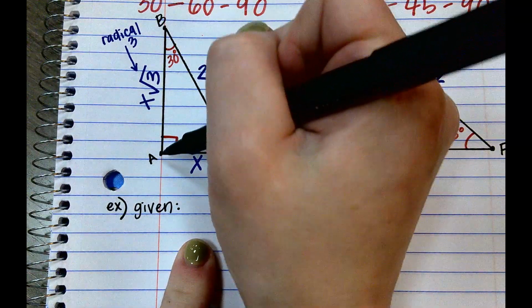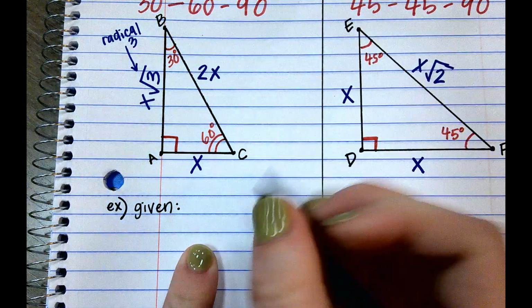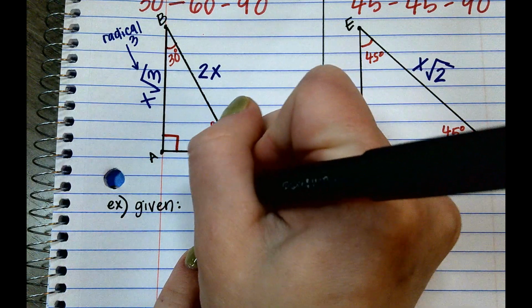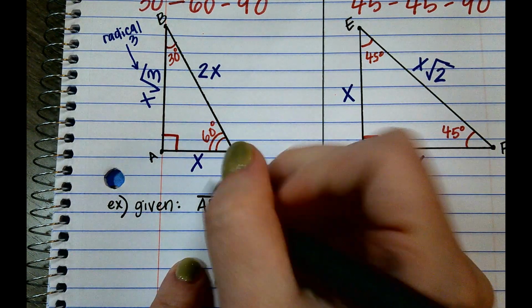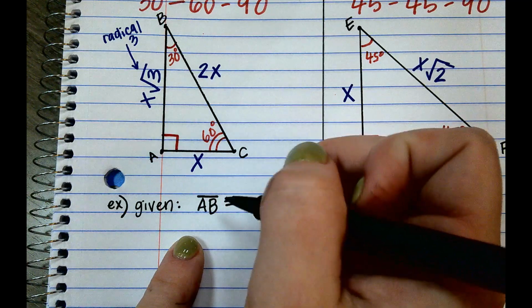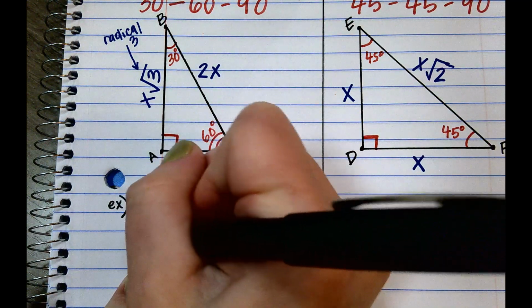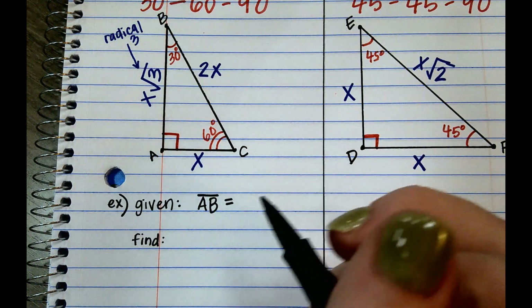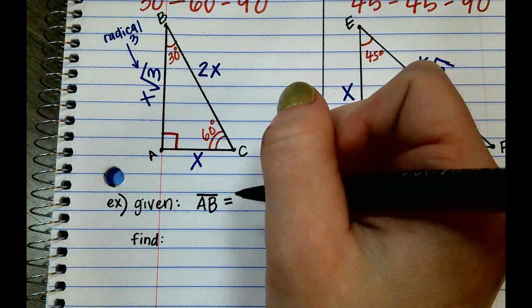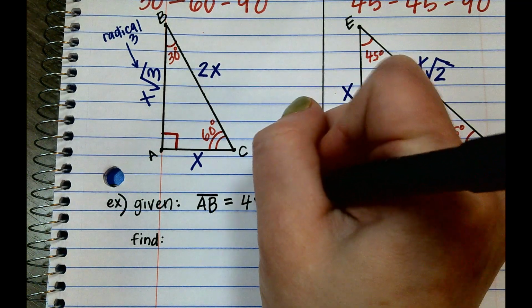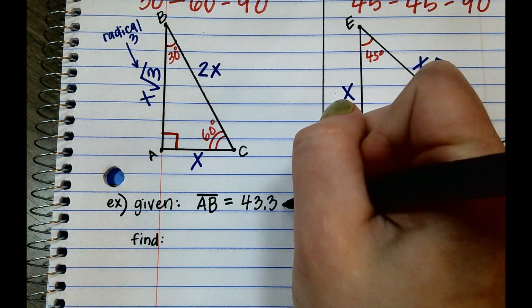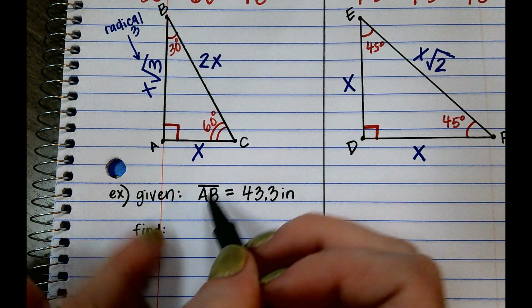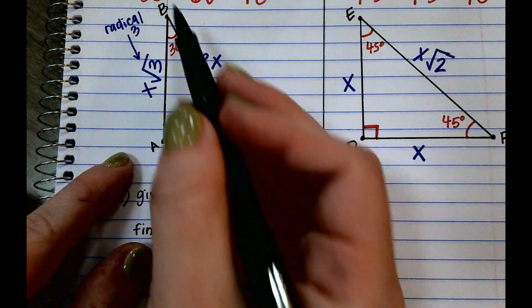So I'll say AB equals, and I'll have you find the rest. So given AB is 43.3, go with inches. Then you'll need to find AC and BC.